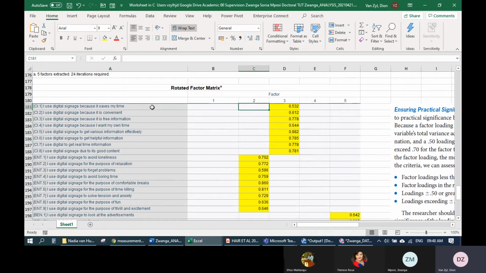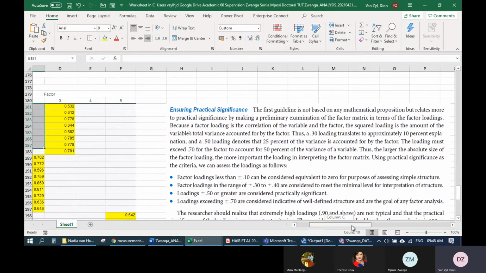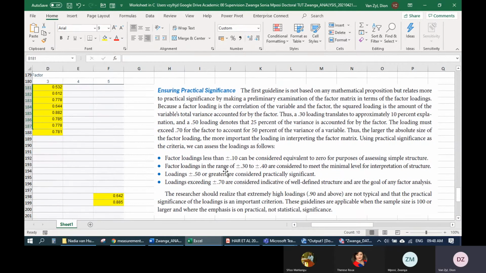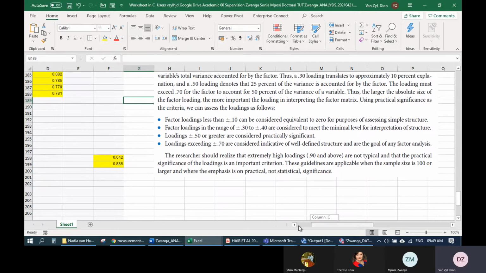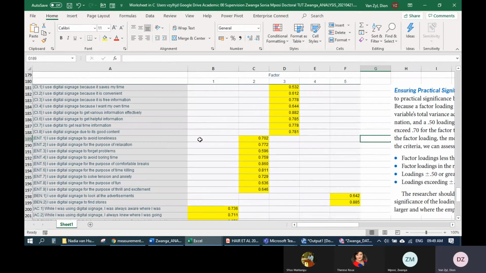We do expect in some instances that, for instance, this item might load a little bit, but not significantly. All of these are less than 0.3, which comes back here. Factor loadings in the range of 0.3 and up are considered to meet the minimum. In fact, these loadings that I've highlighted do not even meet the minimum level of interpretation. So all of these things just go back to satisfying what is coming from the statistical theory.